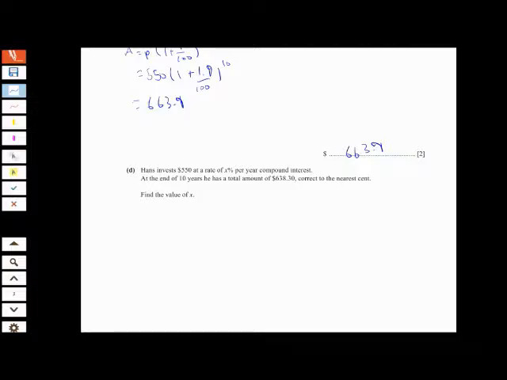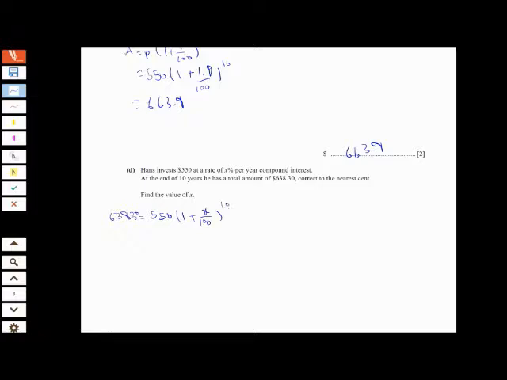We know that P equals 550, and the total amount is 638.30 equals P, which is 550, times 1 plus R, which is X. We don't know, we have to find this, over 100, to the power of 10 years.